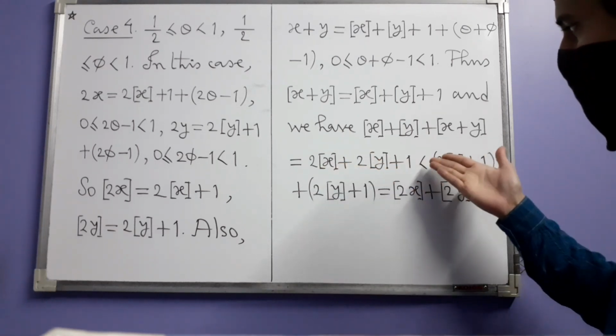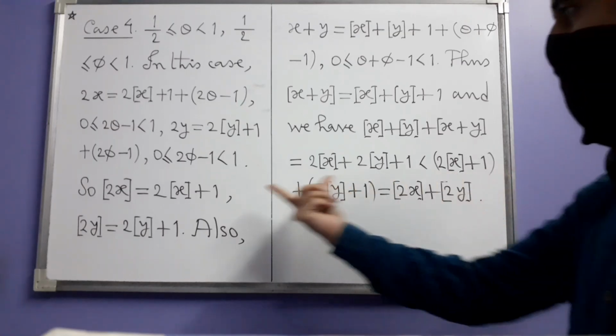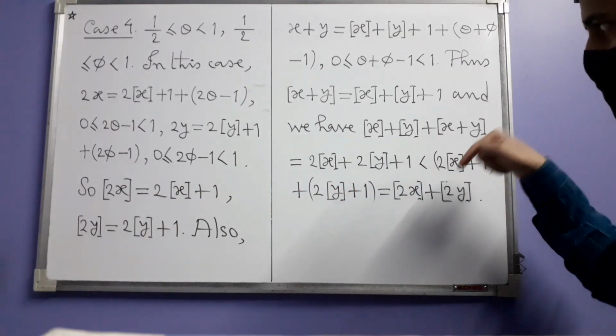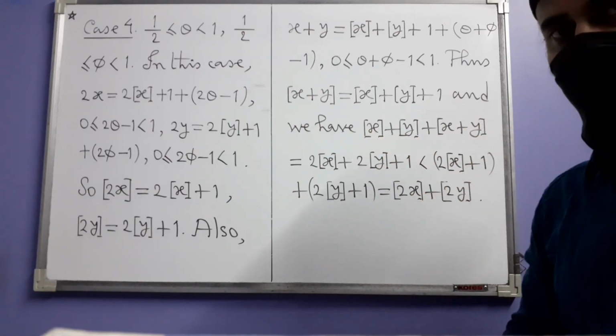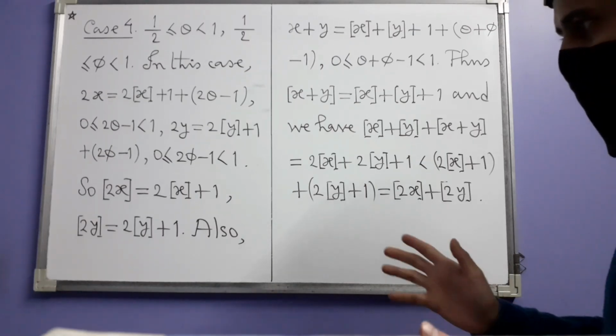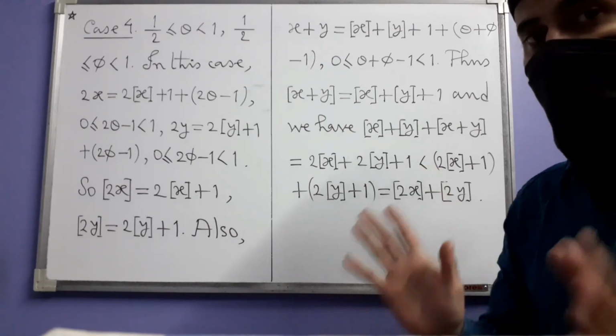The original expression is less than this plus this. However, this is box 2x and this is box 2y. So in this case, this is less than this. That means also in particular less than or equal to. So we have covered all the cases, and this is where the solution to exercise 2 finally ends.